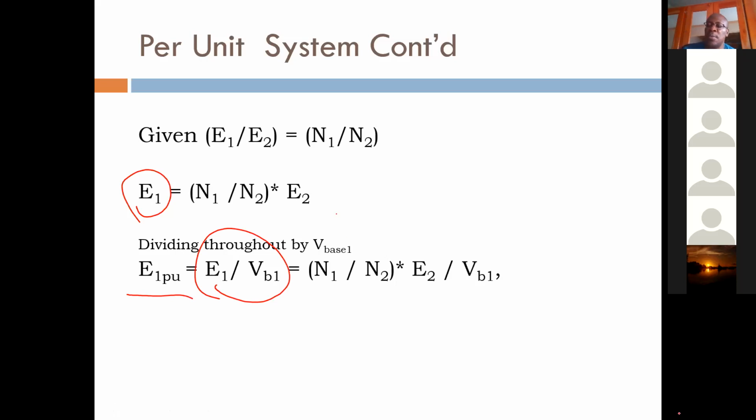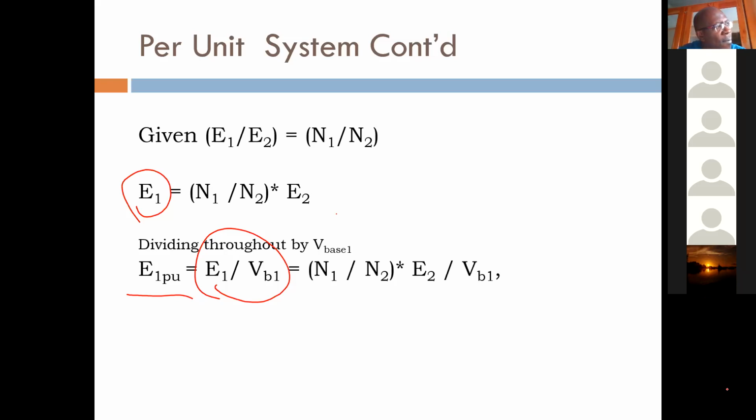So, Mr. Forrester, what is the convention we said needed to be applied when we're dealing with base voltages? Look back at your notes, because I'm sure you wrote it down. The convention for base voltages.